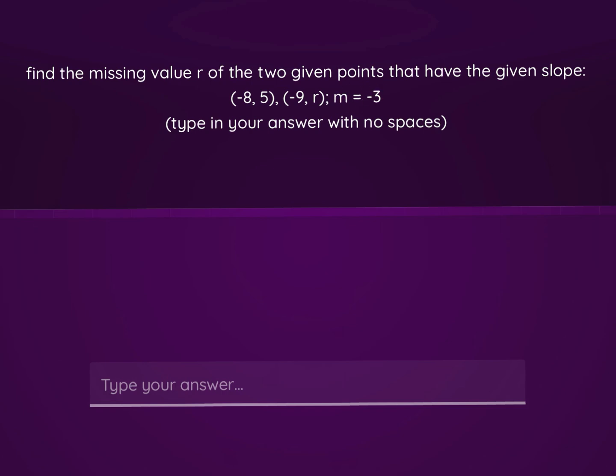So let's write down the slope formula. M equals division, subtraction, and of course you have the y2 minus y1 over x2 minus x1. That is your slope formula. Now, they're not asking us to find the slope. They already give us the slope, okay? So what are we going to do here?